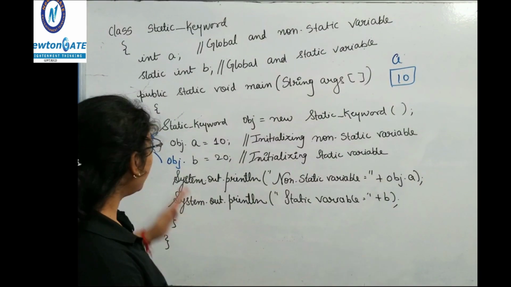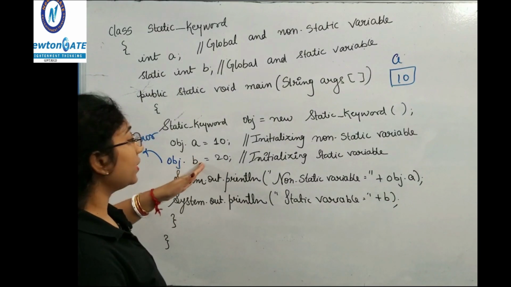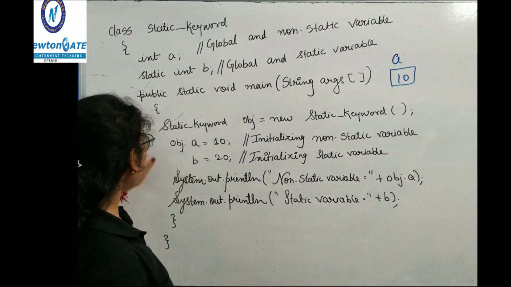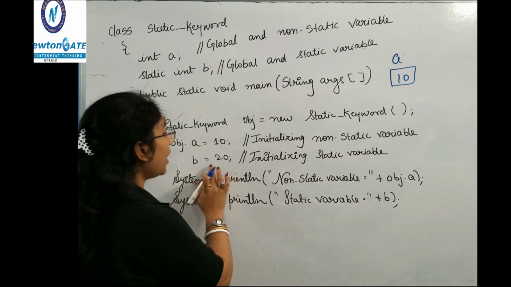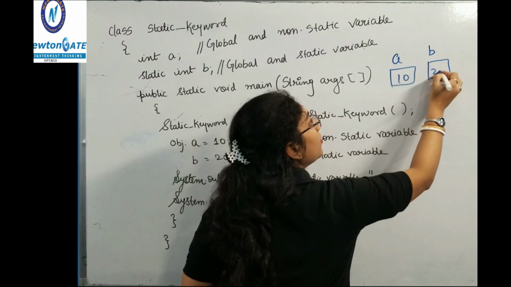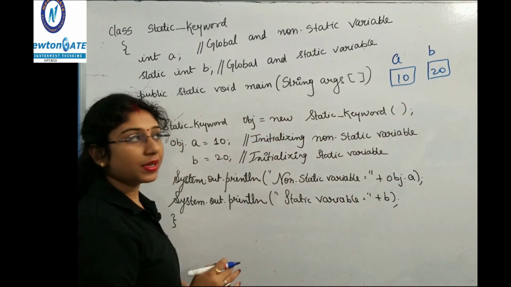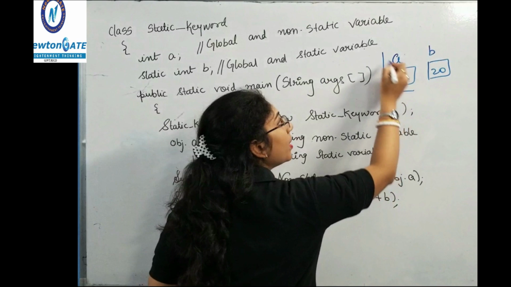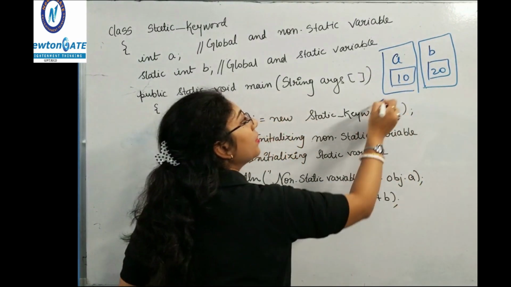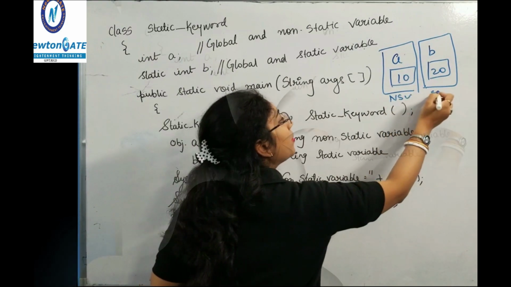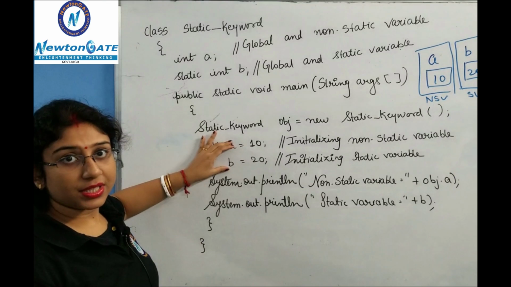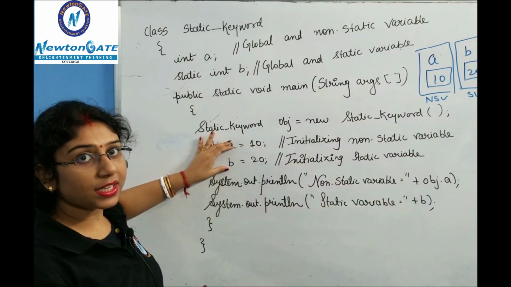That's why we will not use obj or any object before the static variable name, so I am removing it. After this line, inside b, 20 will be stored. This one is a non-static variable and this one is a static variable. This part is known as initialization. In this way we can initialize non-static as well as static variables.